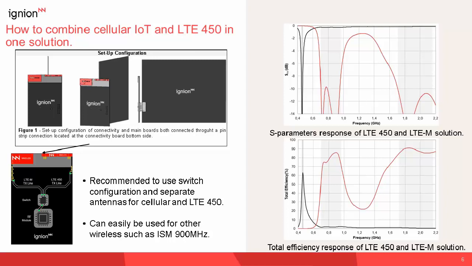And both antennas, both wireless technologies, are on the same pin-out port thanks to a two-stage switch, selecting the cellular antenna for this 700 up to 2.2 gigahertz, or the LTE 450 antenna, that will be the antenna on the right.